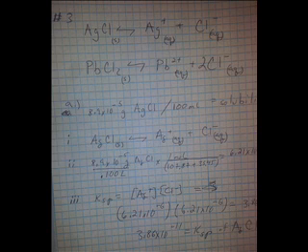And then finally in part A-III, they ask us to calculate the value for the solubility product constant, the Ksp, for the silver chloride. In order to do this, our first step is to write the equilibrium constant expression for the dissociation of silver chloride, or the Ksp expression, which I wrote: Ksp equals silver plus 1 ion times chloride minus 1 ion.